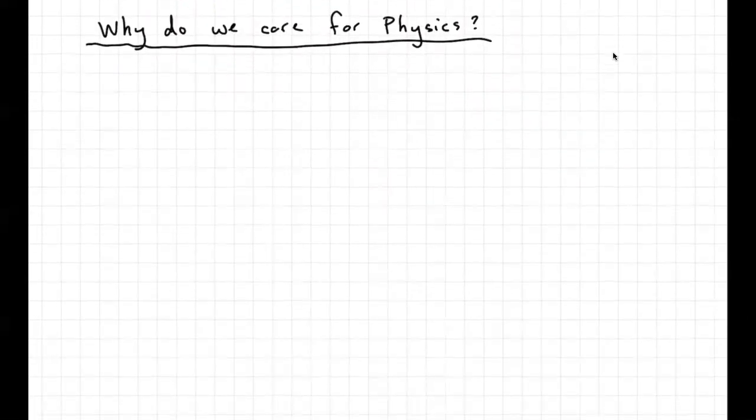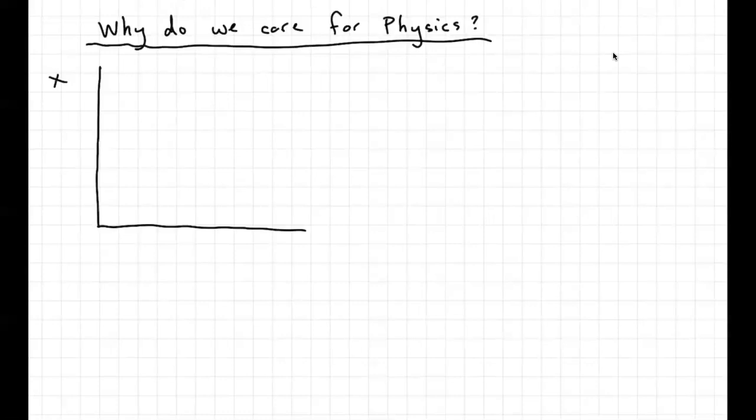So imagine I'll draw a graph here. So I've got a graph. And this is a position. So I'll call this a position on the y-axis and time on the x-axis. So we're looking at a position versus time graph.